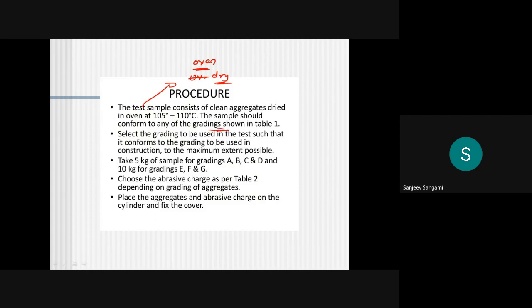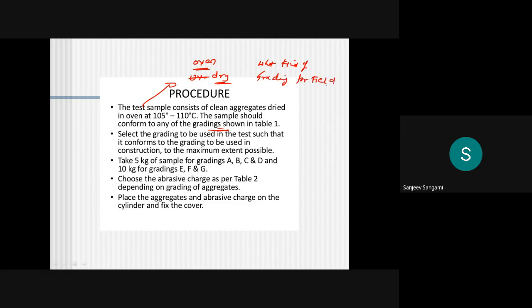I'll show you the table, how exactly the A, B, C, D, E gradings are mentioned. Then select the grading to be used in the test such that it conforms as closely as possible to the grading to be used in construction. Whenever you are selecting a grade, remember what kind of grading you are using for the field.